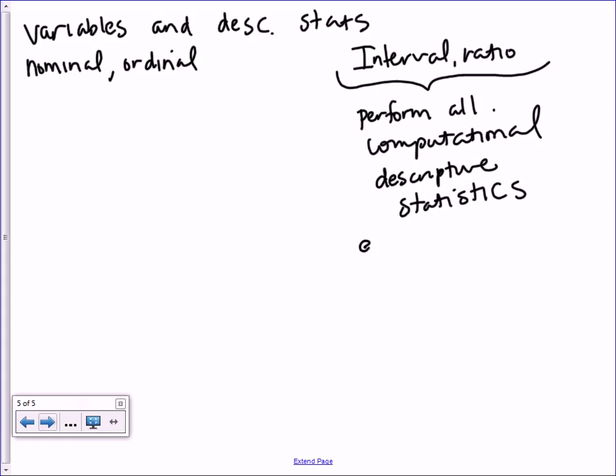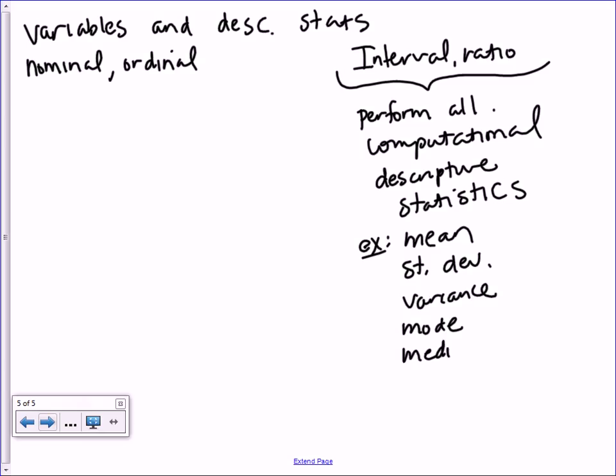For example, finding the mean, the standard deviation, the variance, the mode, the median, maybe quartile 1, maybe quartile 3, and etc. We can actually compute those.